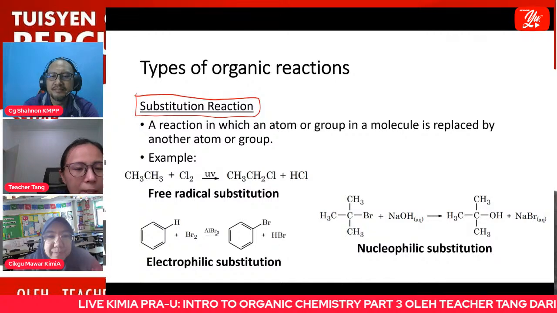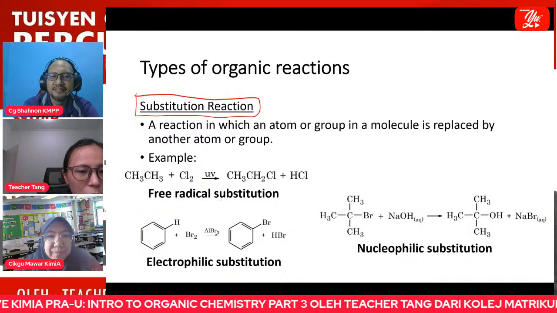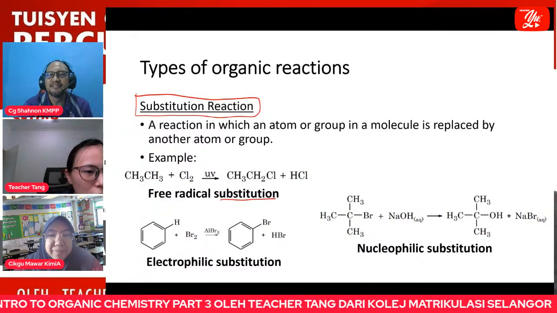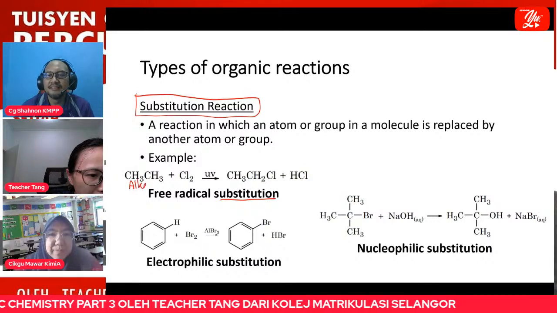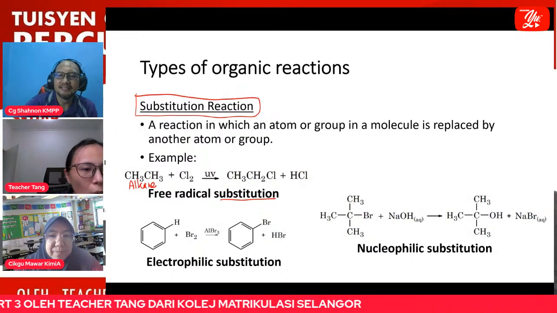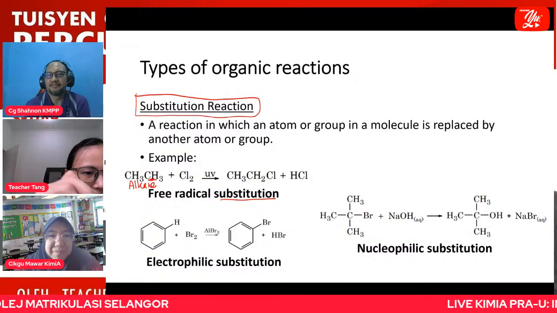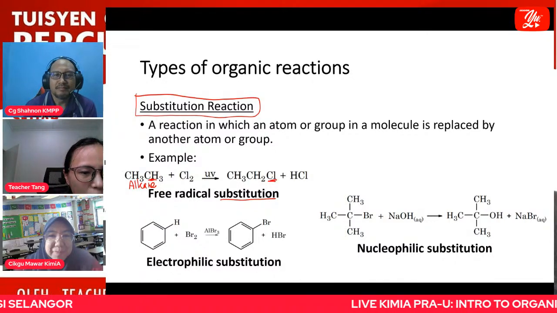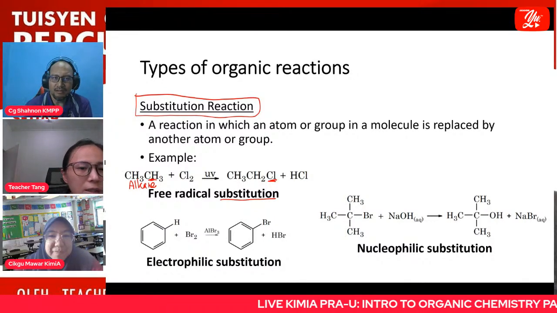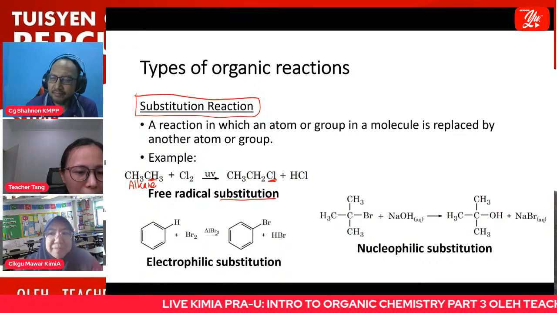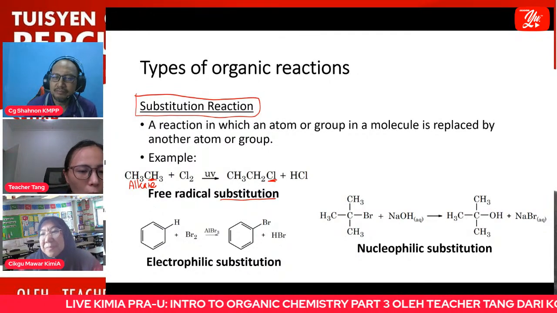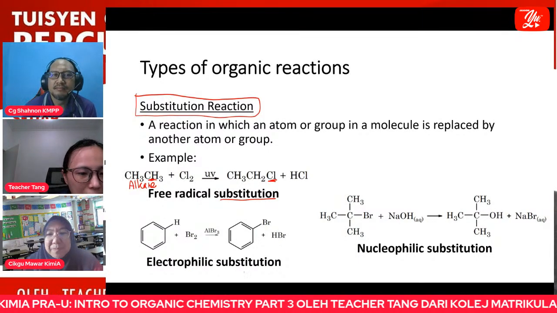For example, free radical substitution always occurs in alkane. One of the hydrogens of the alkane will be replaced by halogen in free radical substitution reaction of alkane. Another example is electrophilic substitution.